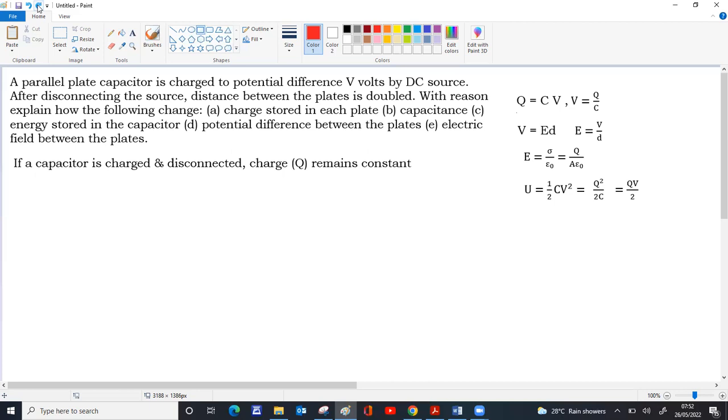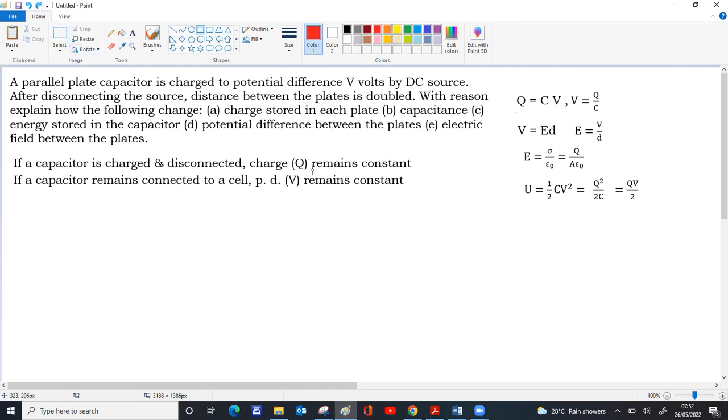So if the capacitor remains connected to a cell, the potential difference across the capacitor will be the same as the potential difference of the cell. That means the potential difference remains constant across the capacitor if the cell remains connected. These are the two important points. Whether it's connected or disconnected, the other factors may change, but these factors, as per the situation, remain constant.